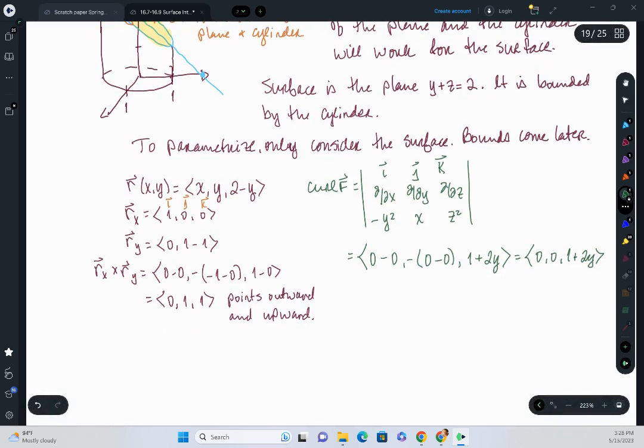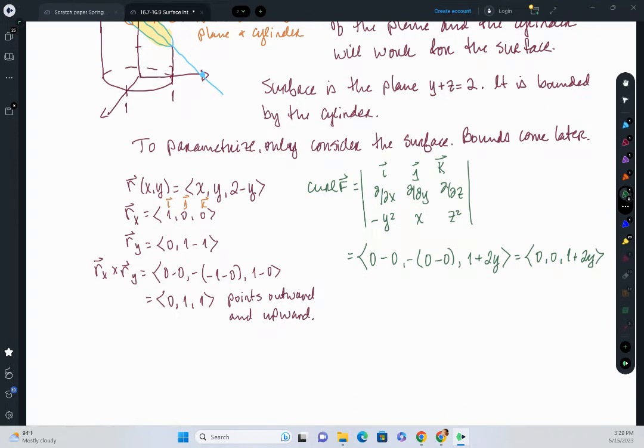Okay, now we've already got things in terms of y's. I'm looking at my curl of f, and what I'm supposed to do is, everywhere there's an x, I take the x component of my parametrization r of x, y, and I replace that in curl of f.